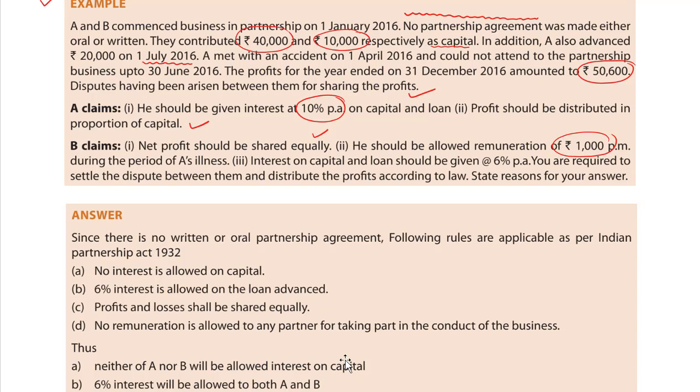Third, interest on capital and loan should be given at the rate of 6% per annum. You are required to settle the dispute between A and B and distribute the profits according to the law, in the sense of the Partnership Act 1932. State reasons for your answers.